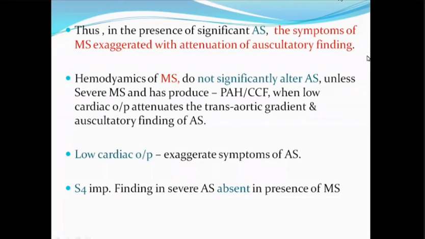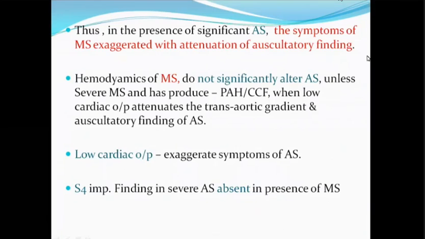The hemodynamics of mitral stenosis do not significantly alter the aortic stenosis, but aortic stenosis definitely alters the hemodynamics of mitral stenosis. If mitral stenosis is severe and produces pulmonary arterial hypertension or congestive cardiac failure, then it causes lower cardiac output, which attenuates the transaortic gradient and the auscultatory findings of aortic stenosis.